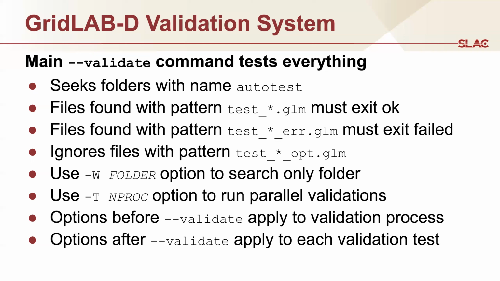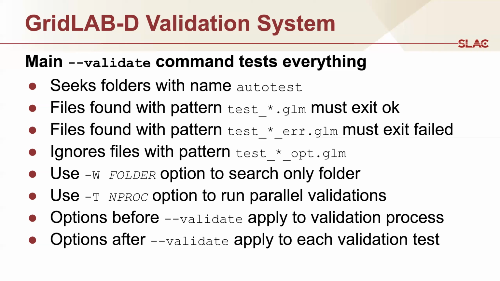It has to be a file that starts with the word test_ and ends with the extension .glm. Everything in between is allowed, but there are specific patterns that have some important features.